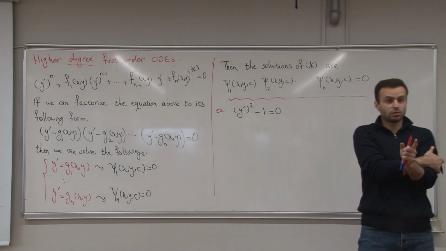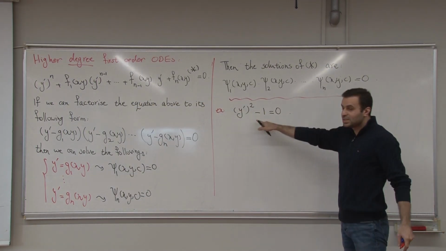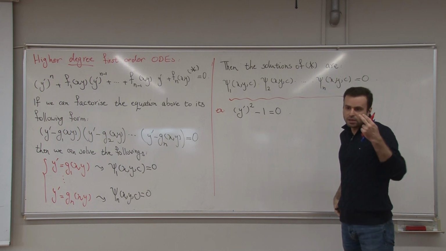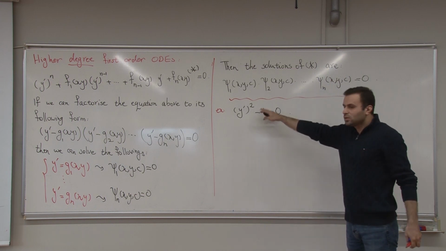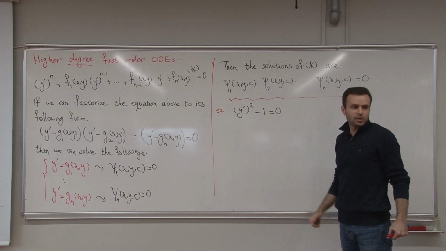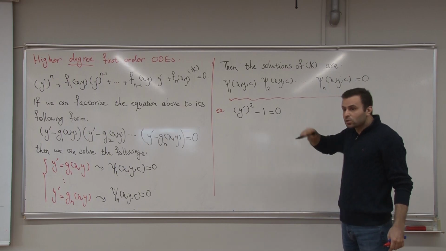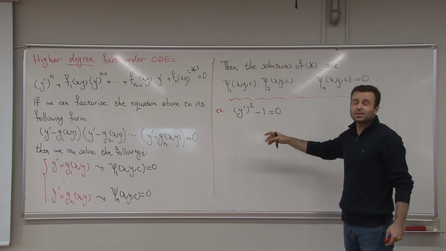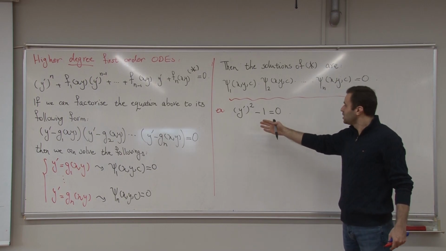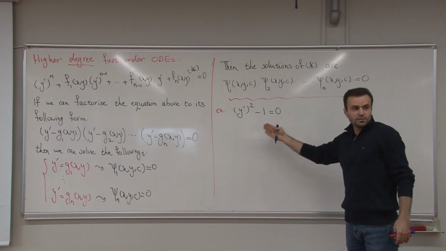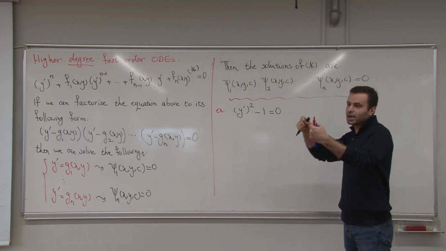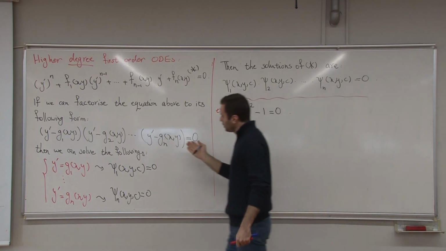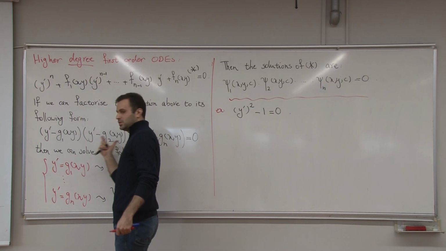It is first order. What is its degree? It is second degree. But this is a nonlinear first order differential equation. For higher degree differential equations, if we want to solve them, we need to be able to factorize them into their linear parts.